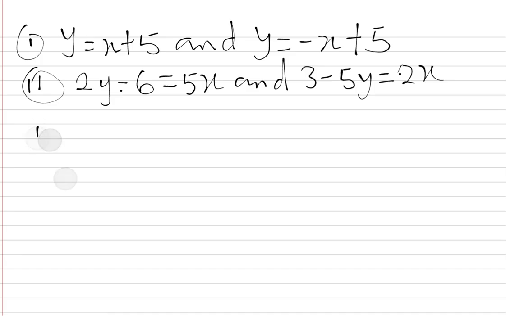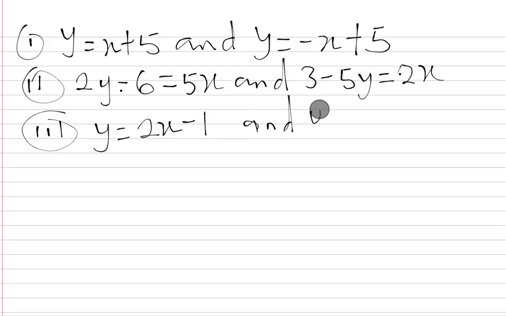Let me add one more so that you can enjoy while you are solving. Let's say we have y equals 2x minus 1 and 2y minus 4x equals 8. So check which of them is parallel and which of them is perpendicular.